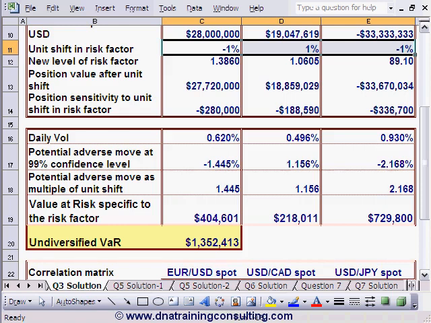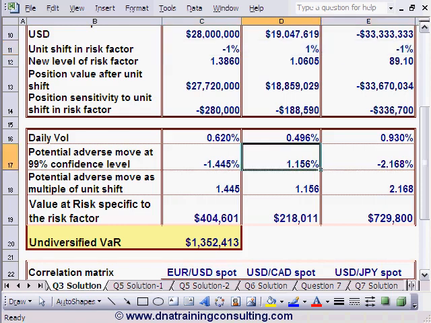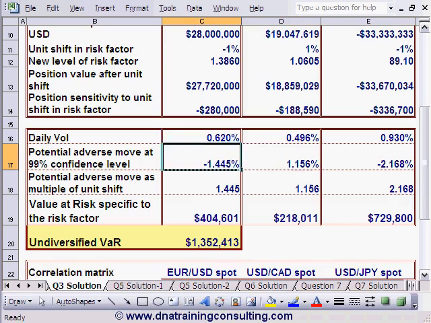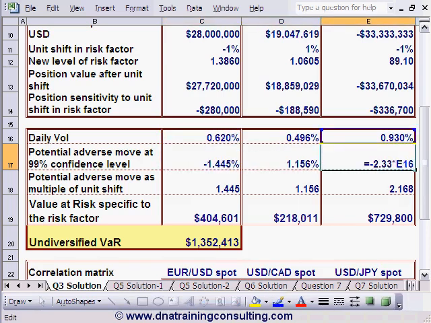Therefore, we use plus 2.33 sigma in cell D17 and minus 2.33 sigma both in cells C17 and E17.